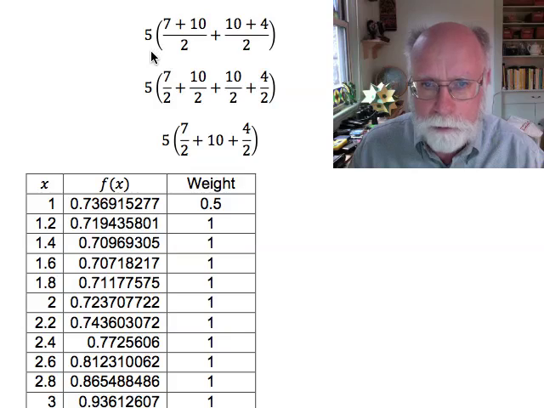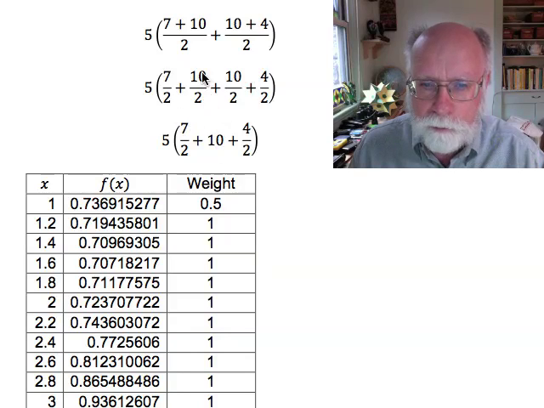So the calculation goes like this. We have a common interval length 5 that we factor out. Inside the bracket we have a 7 plus 10 over 2, the average on the first interval, and 10 plus 4 over 2, which is the average on the second interval. If we expand these, take away the common denominators, we'll get 7 over 2, 10 over 2, and 10 over 2 plus 4 over 2. We can add the two 10 over 2's together to just get 10.